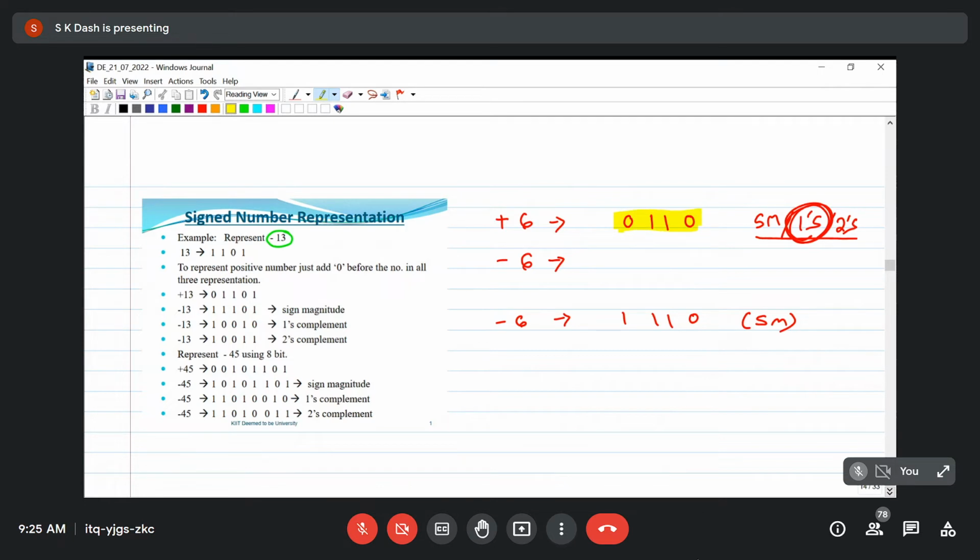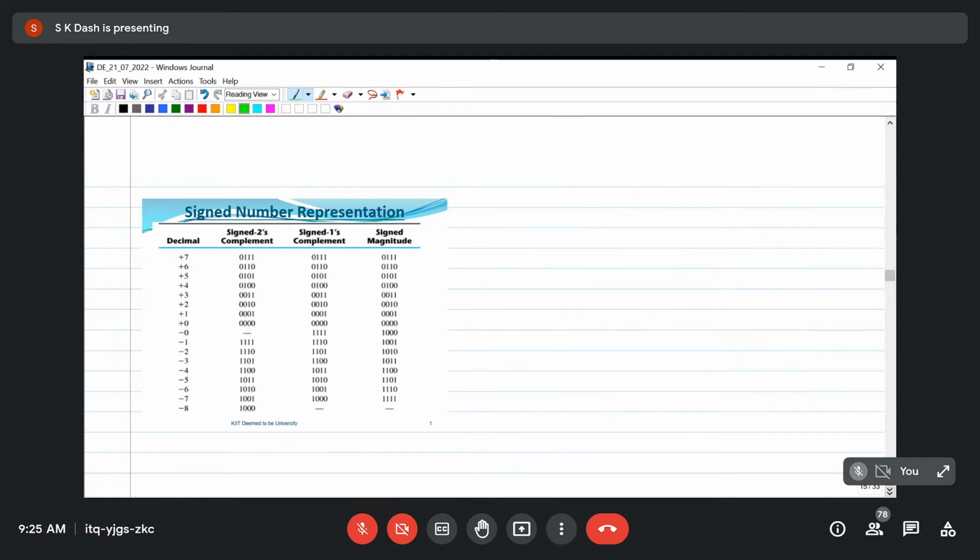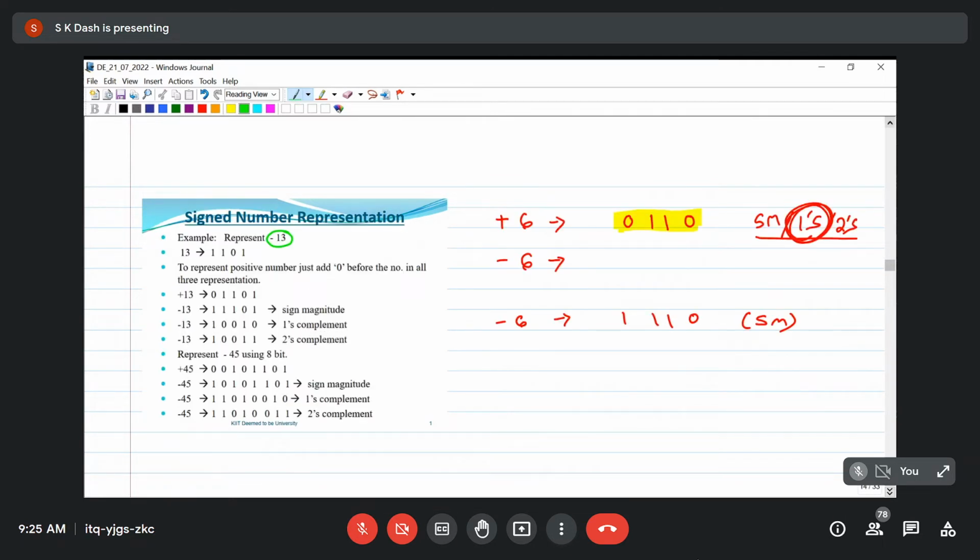If we take the one's complement of this, whatever combination you get, you will call it minus 6. So what is the one's complement of 0110? It is 1001. So this combination is now defined as minus 6.